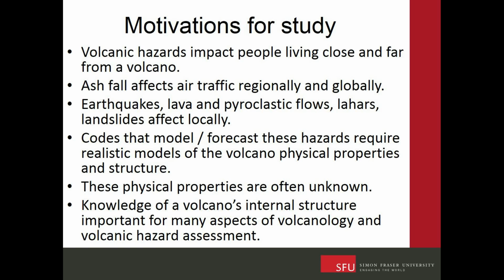A lot of codes out there that model and try and forecast these hazards require some realistic properties to be input into them, but often these properties are unknown. So many of these codes operate in a half space, which obviously isn't that relevant. So improving our knowledge of volcanoes' internal structure is important for many aspects of hazard monitoring.